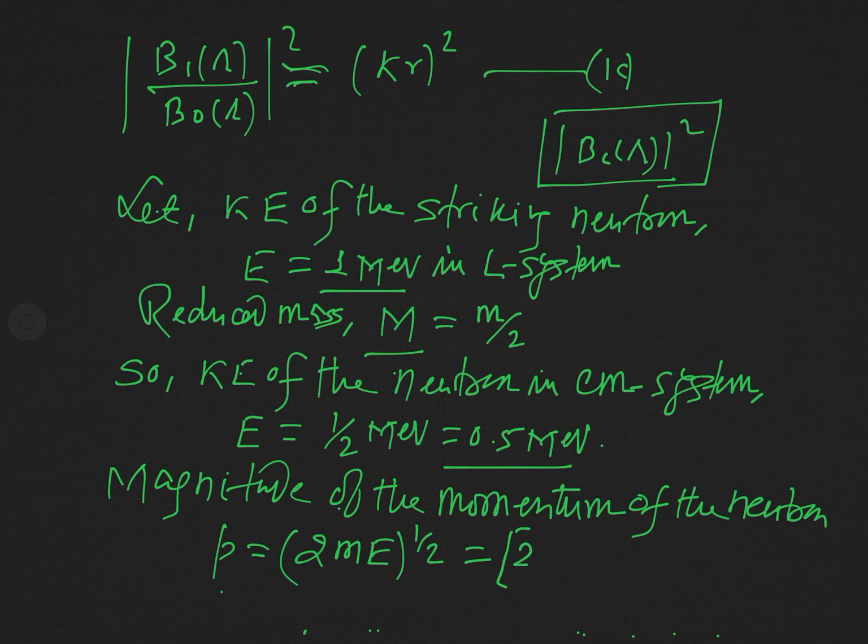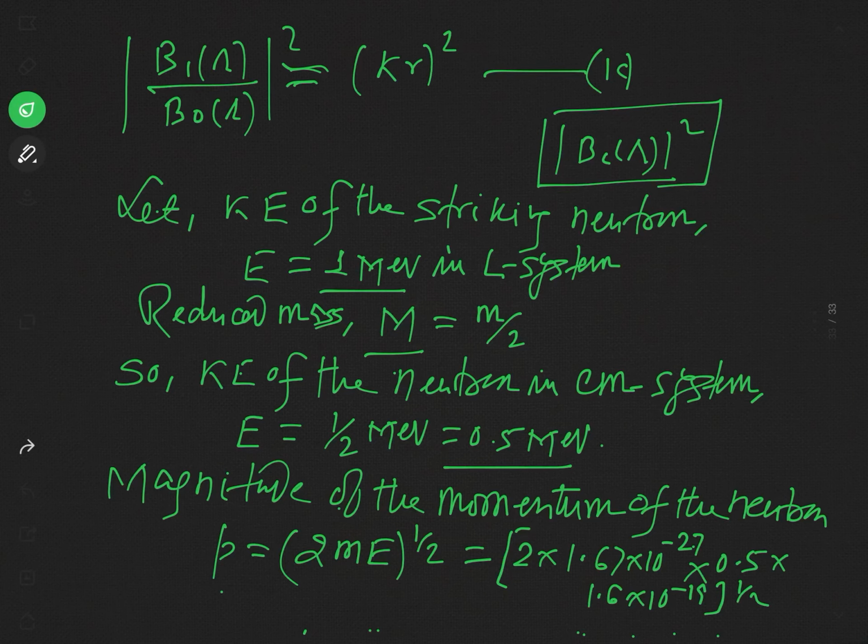Let us substitute the values of the quantities in this expression. This is 2, m is the mass of the neutron, and that mass is 1.67 into 10 to the power minus 27 kg, you know it, and energy is 0.5 MeV, and when we convert it into joule, we multiply it by 1.6 into 10 to the power minus 19, and the whole to the power half.